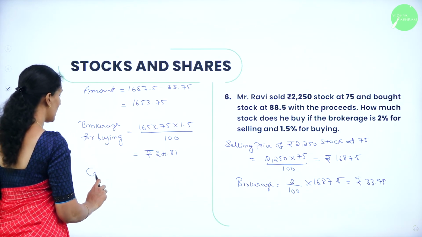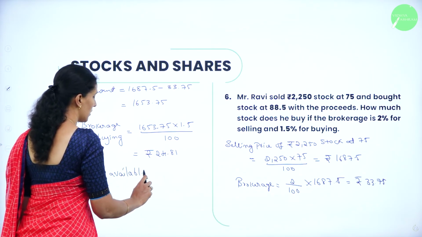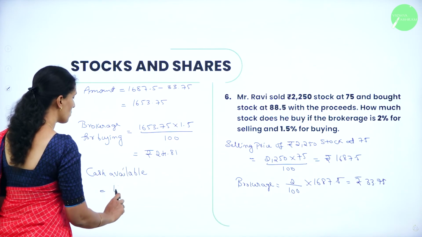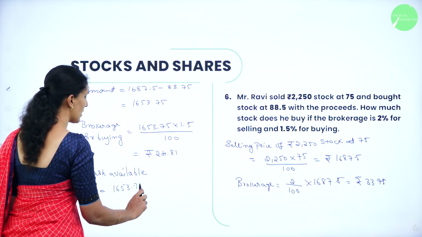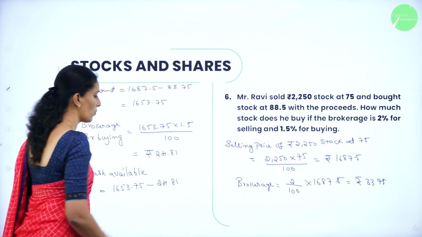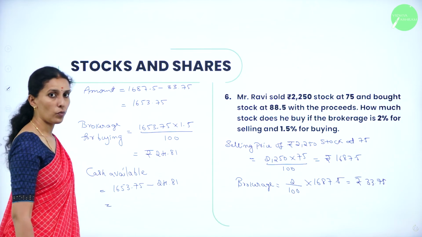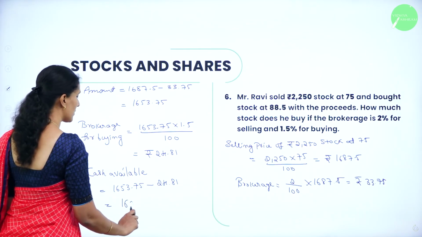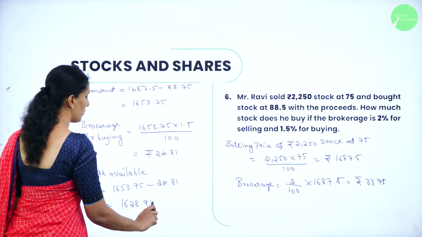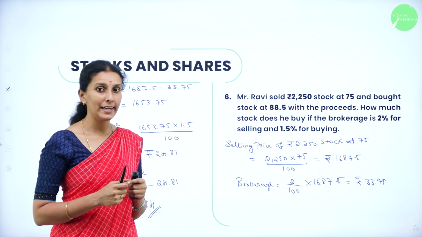So cash available is equal to, he has 1653.75 rupees and he has given 24.81 rupees as brokerage. So therefore, the remaining cash will be 1628.94.